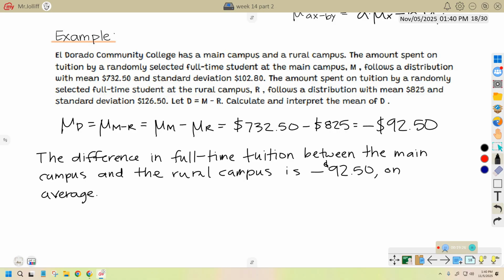So on average, the main campus full-timers are paying a little less than 100 fewer than what the rural campus kids are paying. Which is a little backwards when you think about how community colleges work. Doable? No questions? Okay. We'll keep rolling.